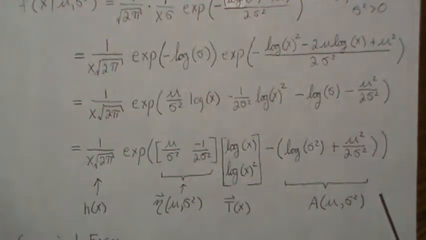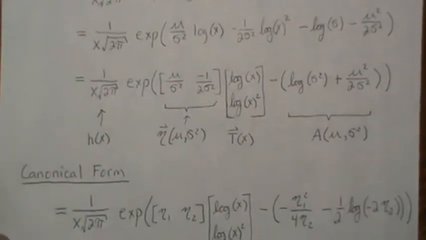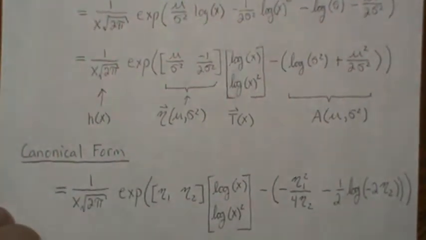So, but to put it in canonical form, we reparameterize this and we just call this eta 1 and eta 2. And then we write the log partition in terms of eta 1 and eta 2. So that's what we do here. If we just generically call this eta 1 and eta 2, then the log partition becomes this.